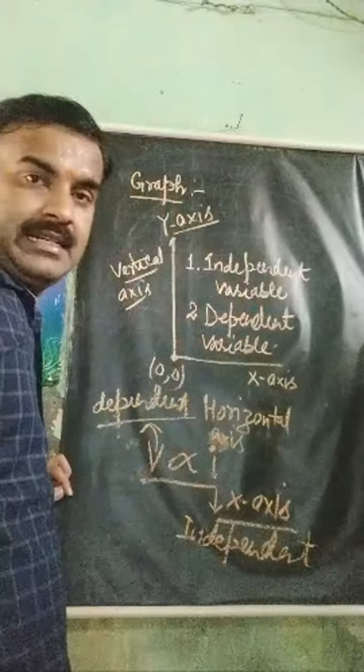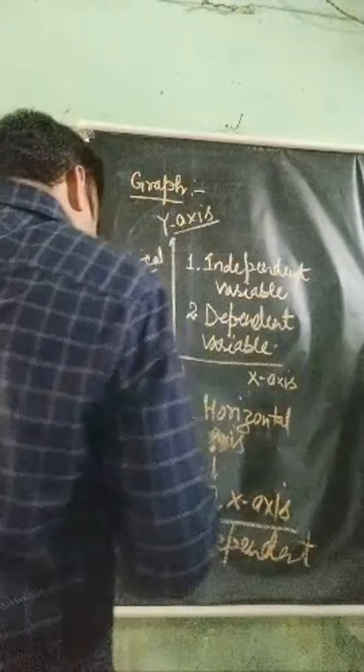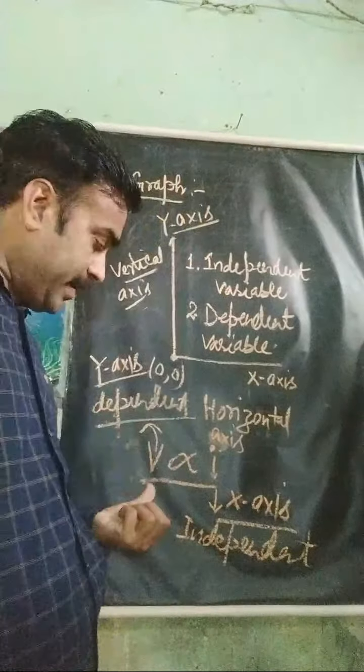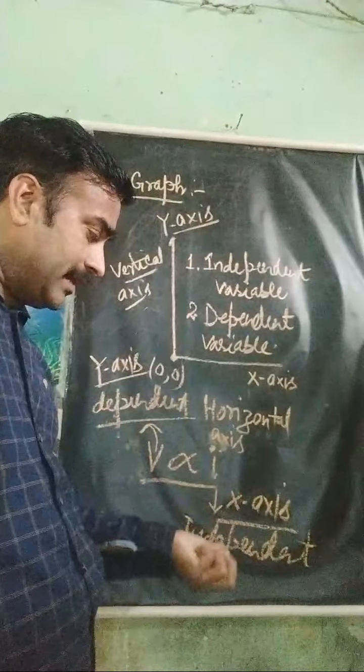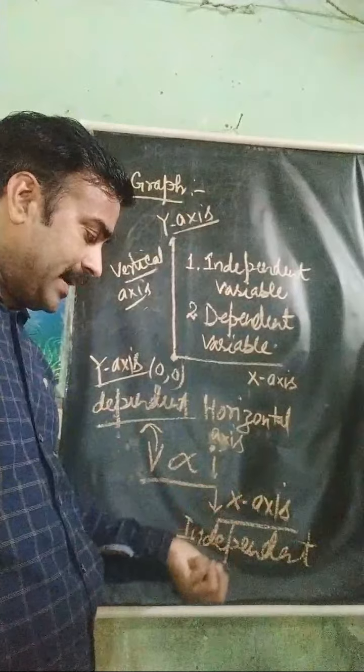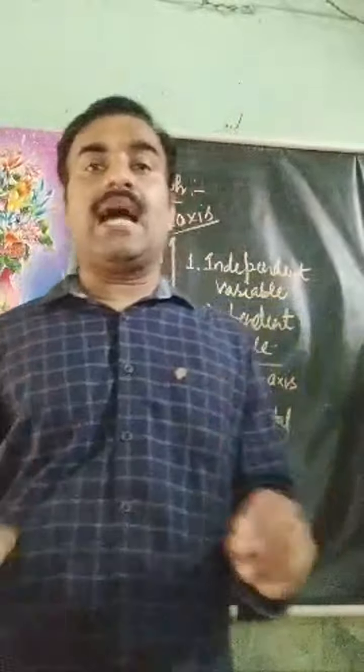Independent variable all the time is taken onto the x axis, while dependent variable all the time is taken onto the y axis. By this way you have to draw the graph.